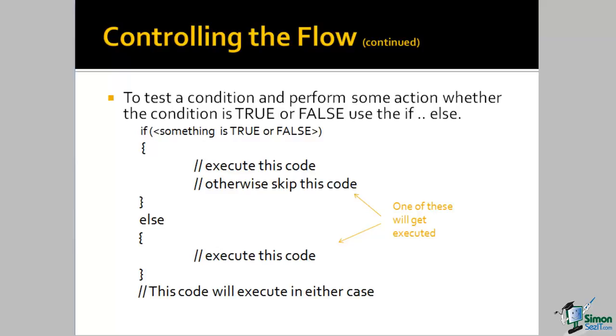If it's not met, then everything within the else block braces will execute. And then once either of those execute, one of them is going to execute, once one of them executes, the code following the if construct executes.